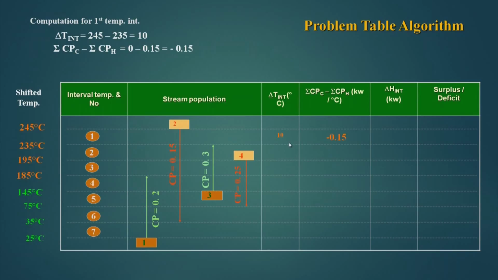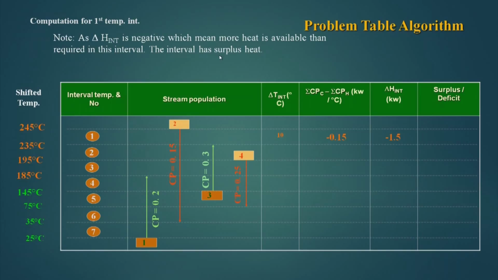Then when we multiply this temperature interval with this value, we get the delta H interval which comes out to be minus 1.5. Now, this shows that as delta H interval is negative, more heat is available than required in this interval.